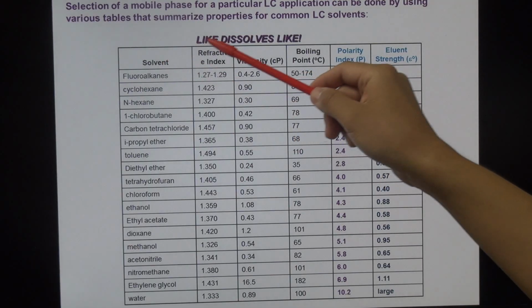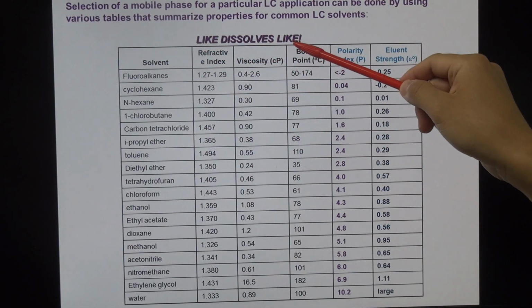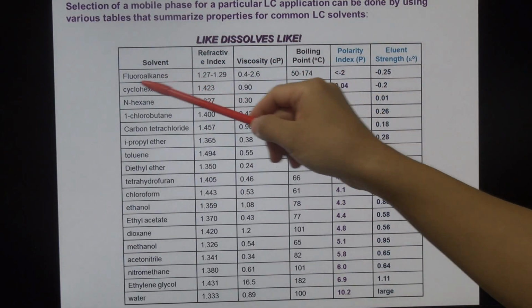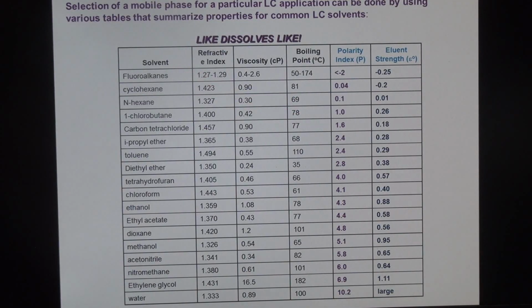Because as you know, like dissolves like: solvents which have similar properties to the solute can dissolve them. Basically, they can have larger interactions with each other. So we need to compare different physical or chemical properties of the solvent or mobile phase.